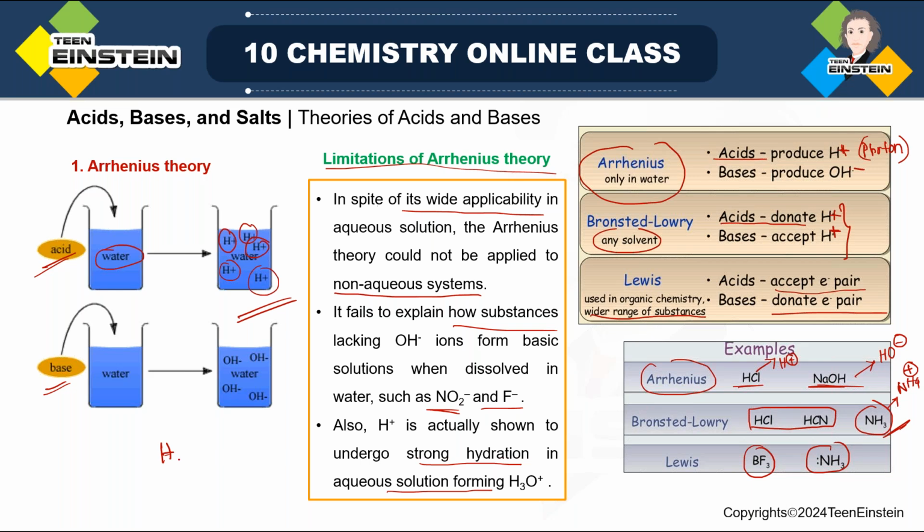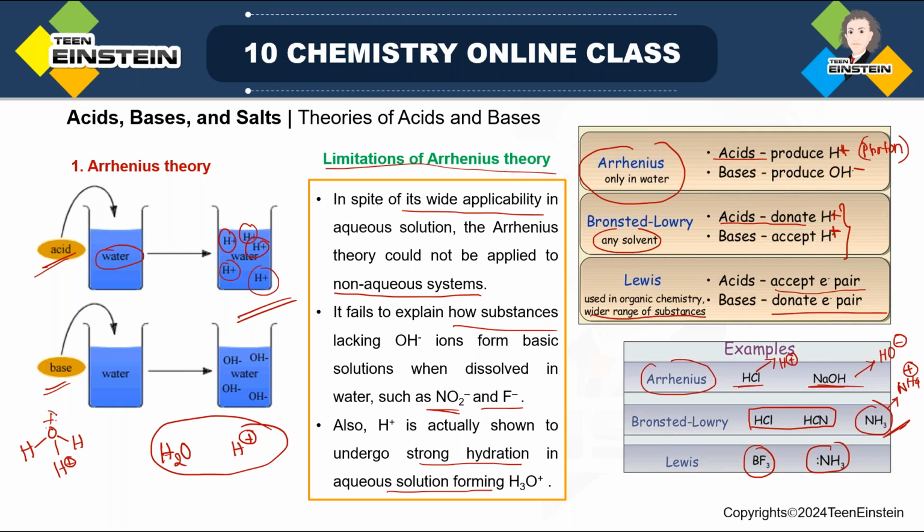There is a water molecule, and the acid is producing some H plus. So what will happen? If I write the full structure of the water molecule, we know there are two lone pairs. Now this water molecule will be attached to this H plus and ultimately there will be a positive charge over oxygen.